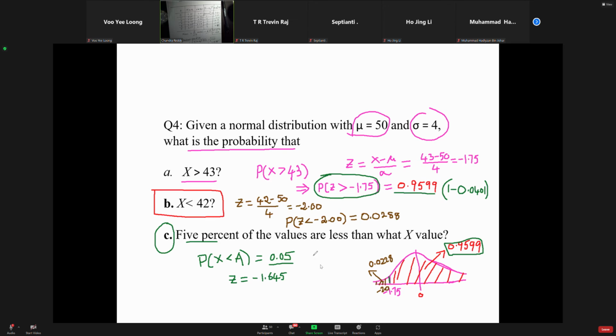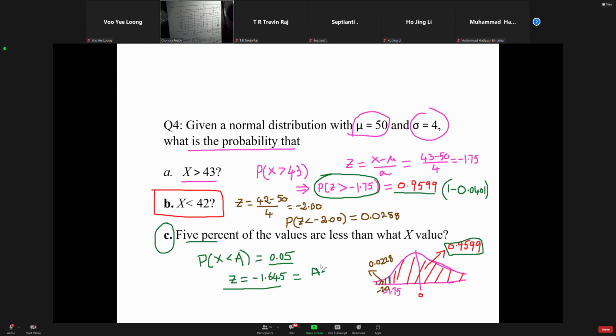So you can refer to the probability when the Z value is 0.05. When the probability is 0.05, what is the Z value? The Z value will be negative 1.645. So this one you can write (A minus 50) because the mean is given as 50.